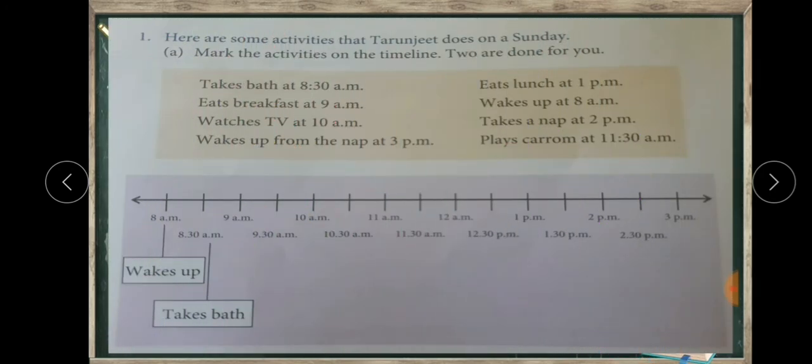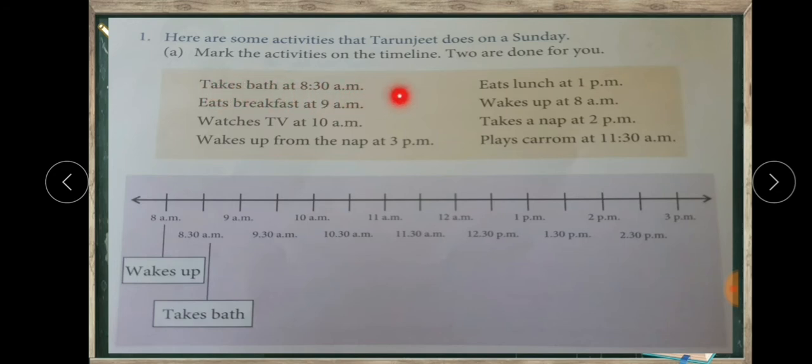See here. In this question, some activities are given. Then one boy's name is also given, Tarunjit. Here are some activities that Tarunjit does on a Sunday. Then time is also given.